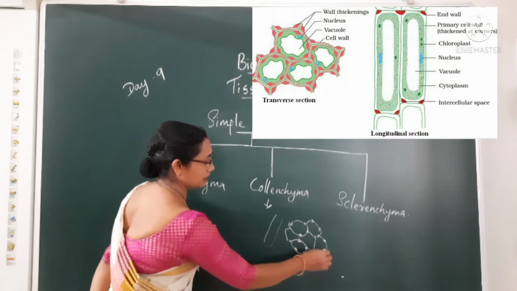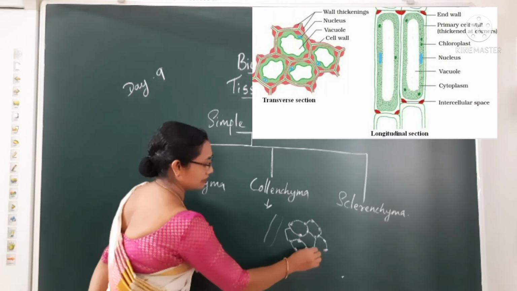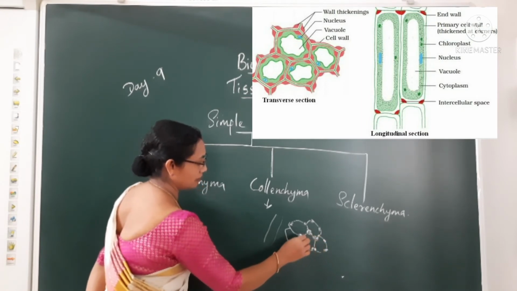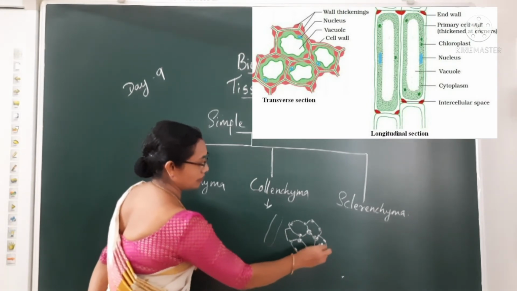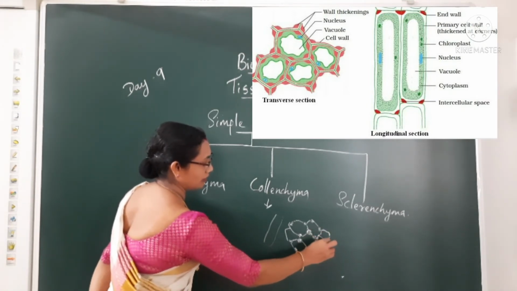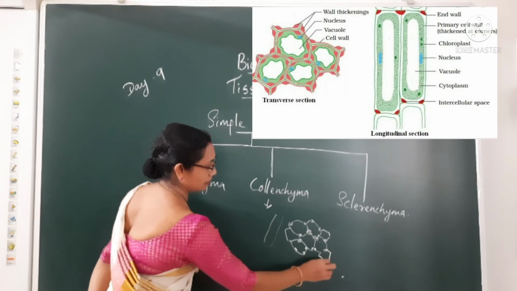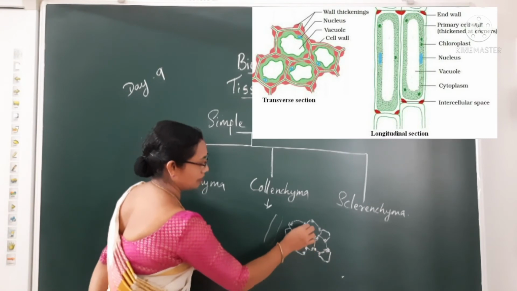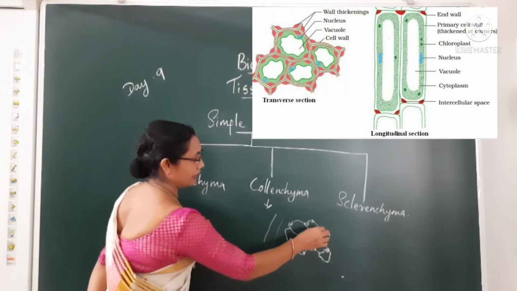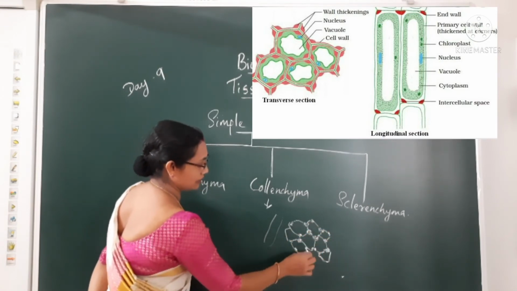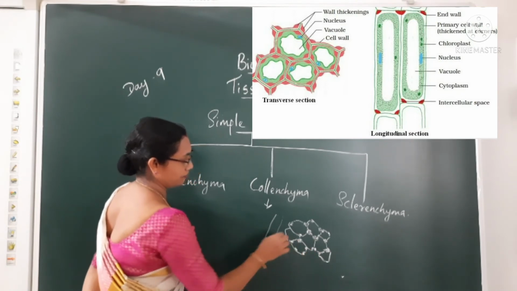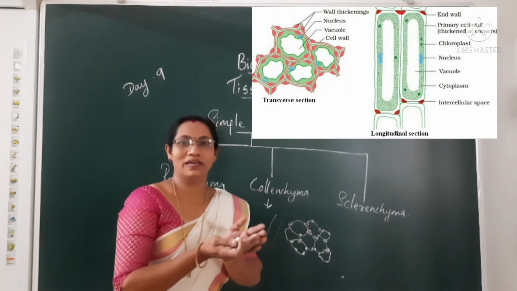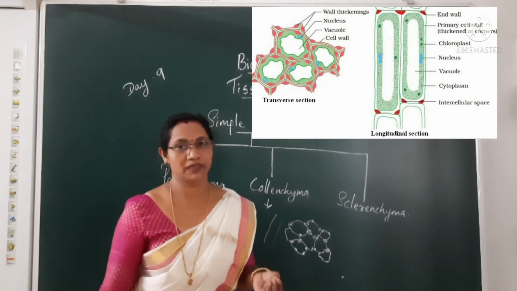The cell wall is highly thickened at the corners, and they are tightly packed, with very little intercellular spaces.